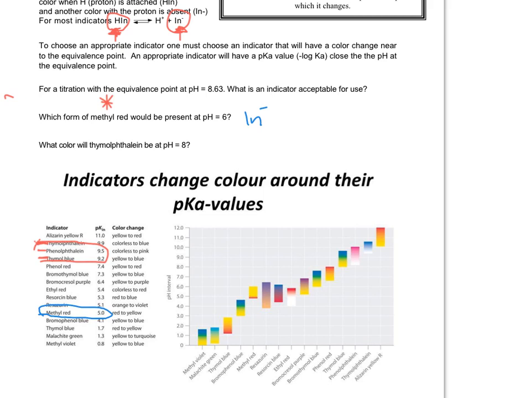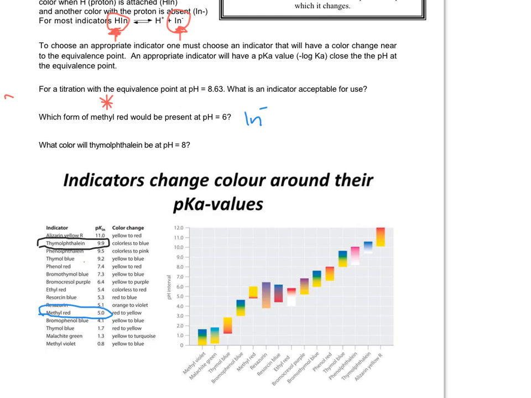So let's look up thymolphthalein. I already circled it, unfortunately, so it's kind of hard to see, so I'm going to erase that here. All right, so we found it. Thymolphthalein goes from colorless to blue, and it looks like it turns at 9.9.